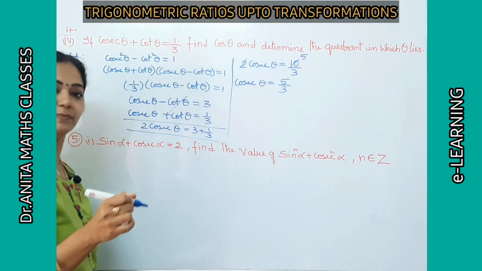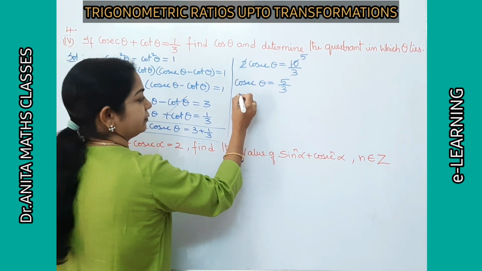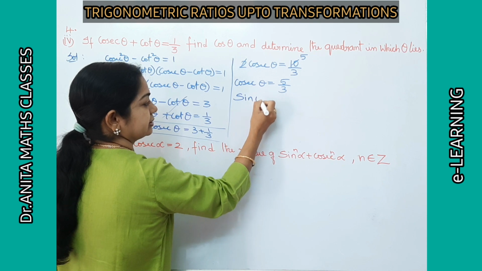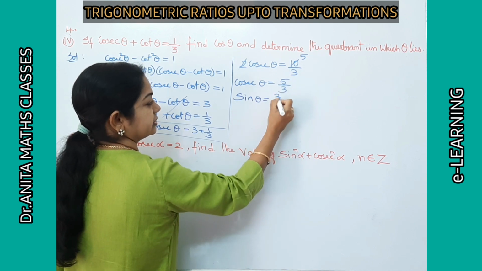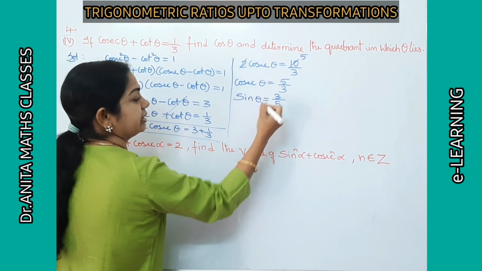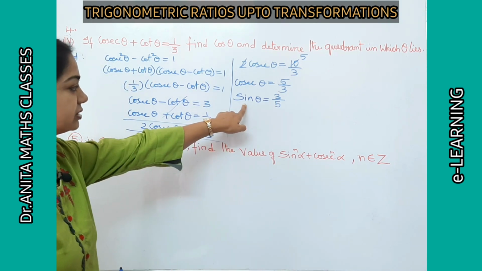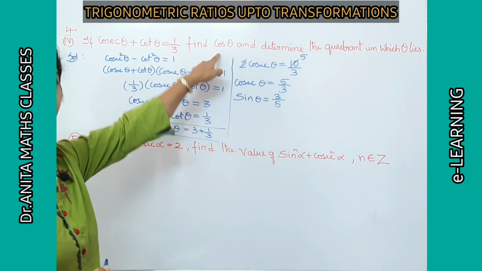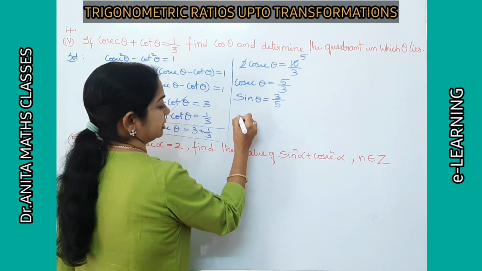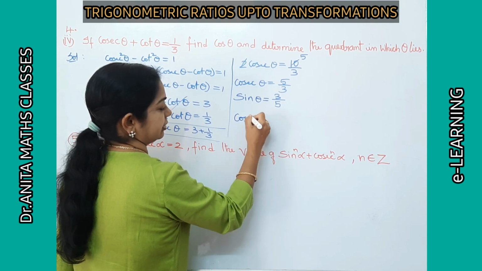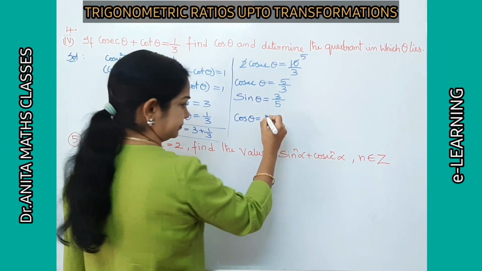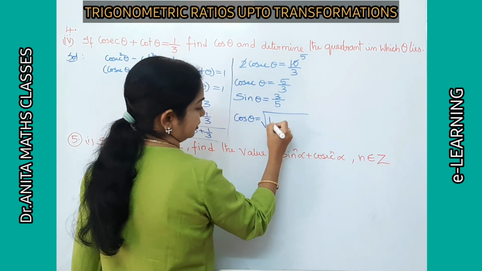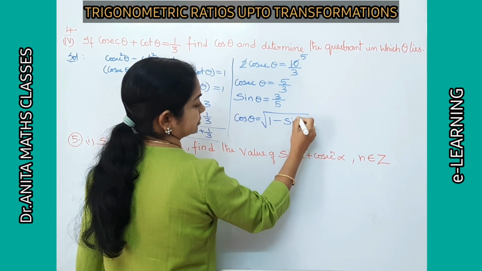Cosecant is a multiplicative inverse of sine. So if we take sine theta, we can reverse it, that is 3 by 5. It is the inverse of cosecant. So I got sine theta, but we need to find cos theta. How do you find cos theta? Cos theta we can find from the first identity, 1 minus sine square theta.